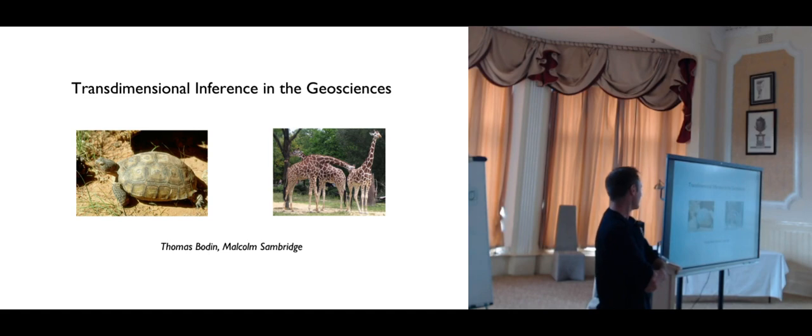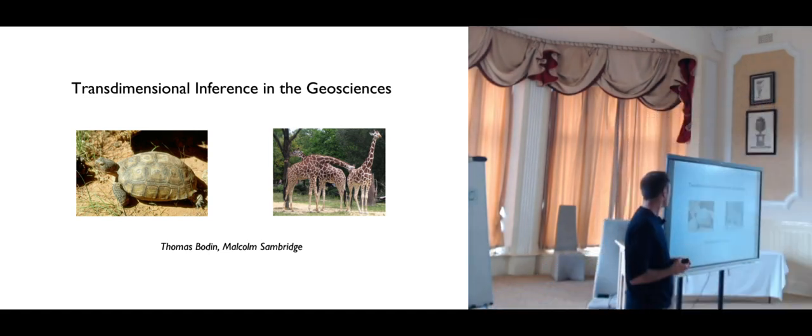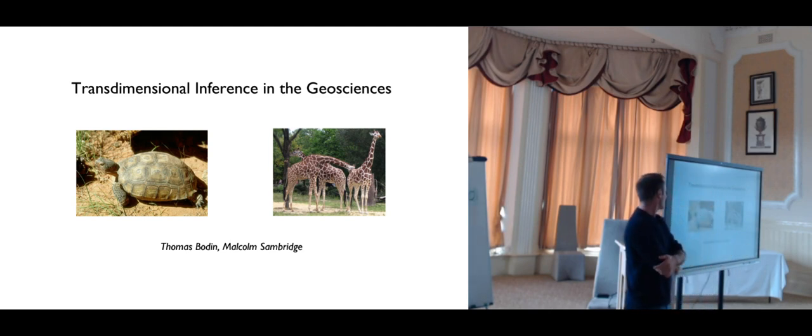And so, yes, I'm going to talk about the work that we've been doing with Malcolm Sambridge over the last 10 years. The title of the work is Transdimensional Inference in the Geosciences. Transdimensional means across dimensions, where the dimension of the model space is variable.